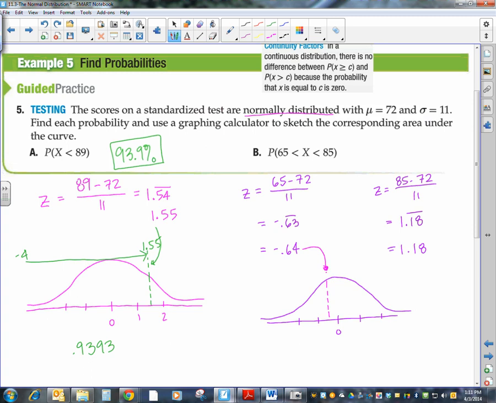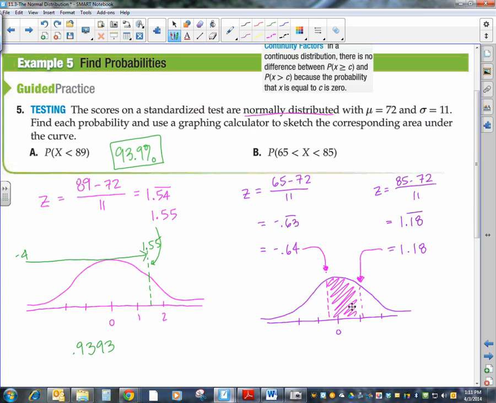Negative 0.64. And then 1.18 is going to come right after 1, so that's going to be this point right here. So the nice thing about using your calculator: on your Z chart, you've got to find one area, find another area, and subtract the two of them to find this area in between, because that's what you're looking at.